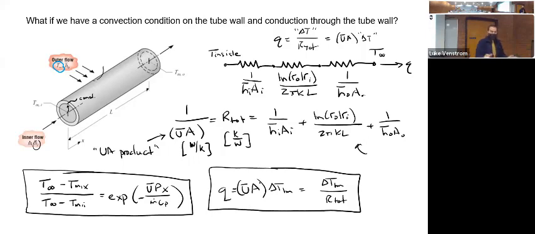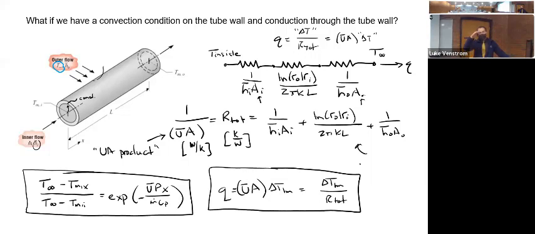If you do want to calculate a U bar, which you could do, you take the UA product and divide by an area. But then the question becomes, what area do you divide by? Because there's a different area on the inside of the tube than on the outside of the tube. So that gets into this nuance: if you are calculating the U bar, you have to tell me what area you based your U bar on.